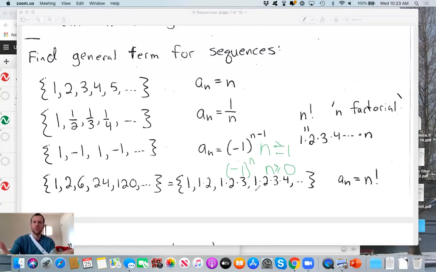So that's another way of giving a general term that produces this sequence. In this case, if you start counting at 0, then -1 to the 0 is 1, -1 to the 1 is -1, -1 squared is 1, and so you still get the alternating. It's a slightly different looking formula, but it produces the same sequence because you're starting at a slightly different point. Okay.